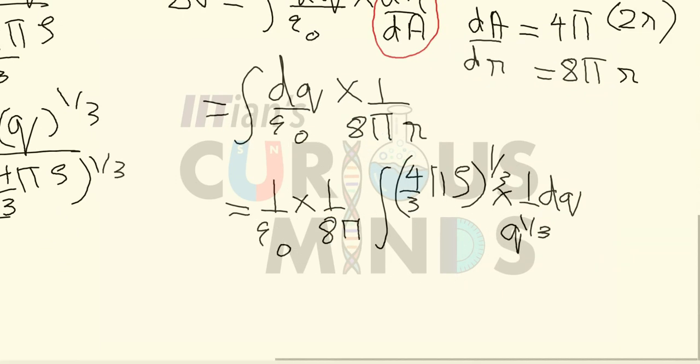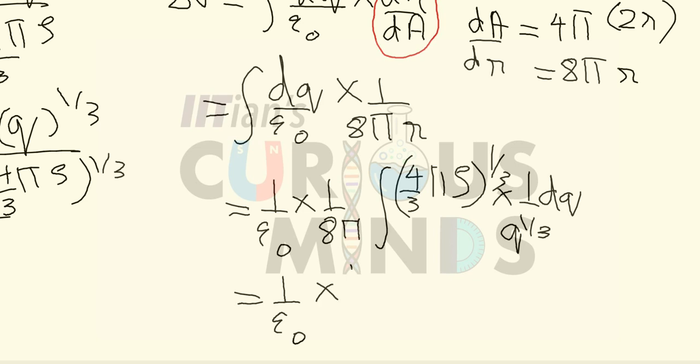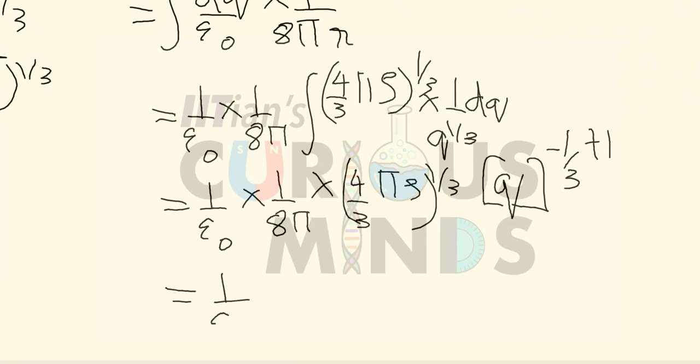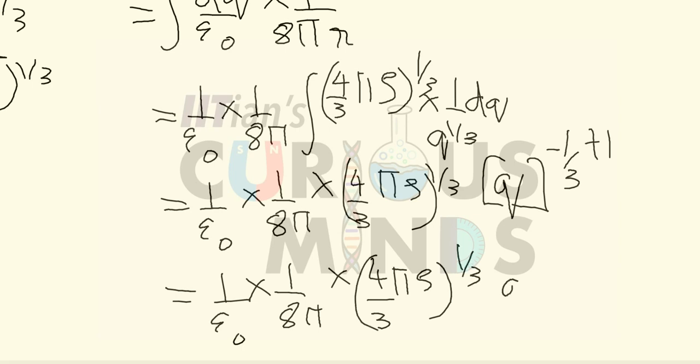So 1 by epsilon naught into 1 by 8 pi into 4 by 3 pi rho into 1 by 3, all these are constant. When q raised to 1 by 3 goes in the numerator, it will be q raised to minus 1 by 3. When I integrate this part, it becomes q raised to minus 1 by 3 plus 1, which is 1 by epsilon naught into 1 by 8 pi into 4 by 3 pi rho raised to 1 by 3 into q raised to 2 by 3.